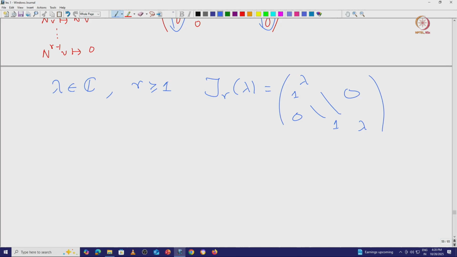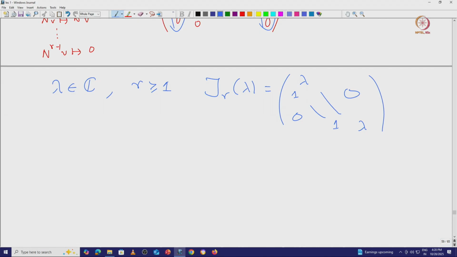So this is what we call a Jordan block corresponding to lambda of size R. So now it is immediate that using the cyclic decomposition theorem and the primary decomposition theorem, we get the Jordan canonical form of any given operator T.